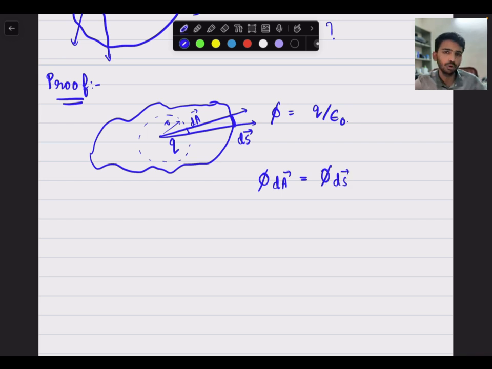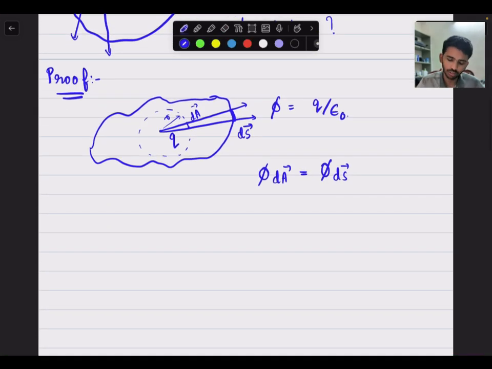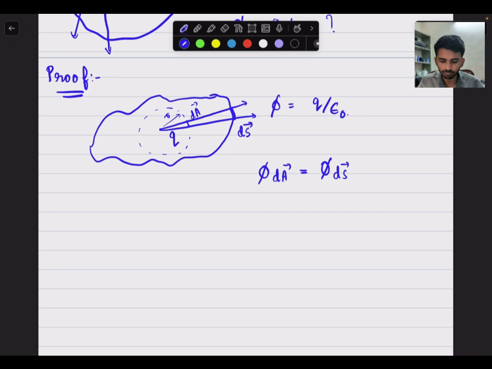the flux through dS? And also we can say that the whole surface flux passing through this whole surface would be equal to the flux passing through that spherical surface, which would be equal to q by epsilon naught.